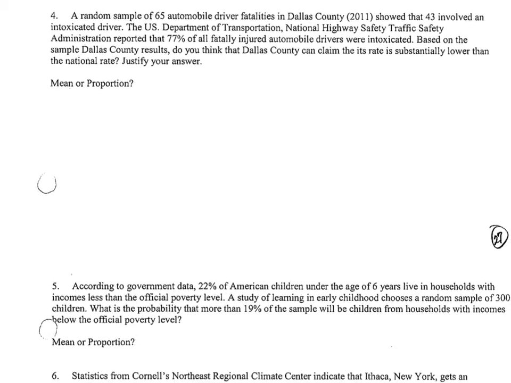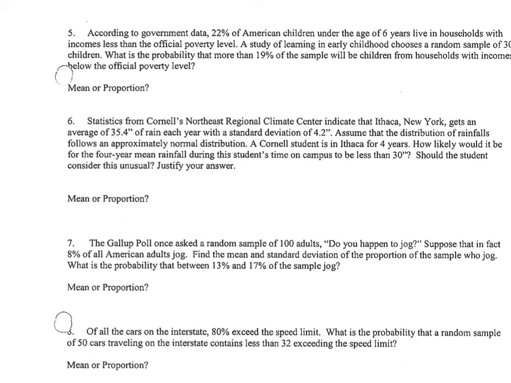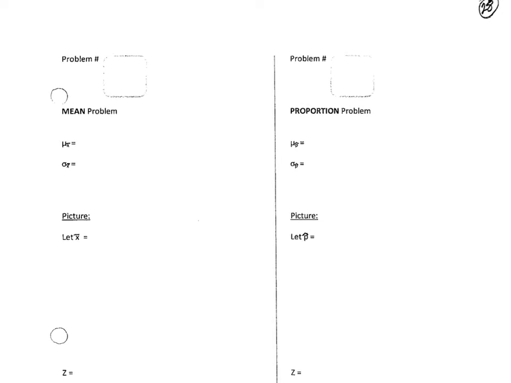So go ahead and skip over to page 29. Oh, yeah, I know why. Okay, so then this is on page 29. So these are, I put a mean on it and a proportion.